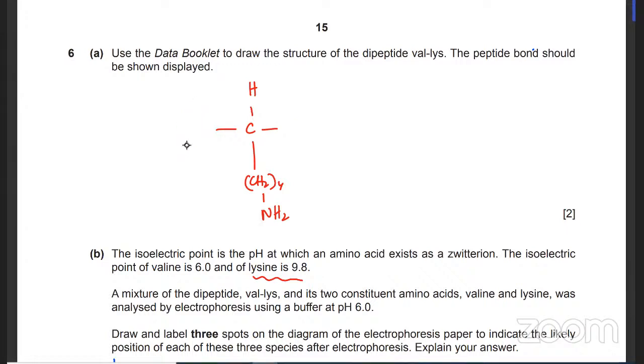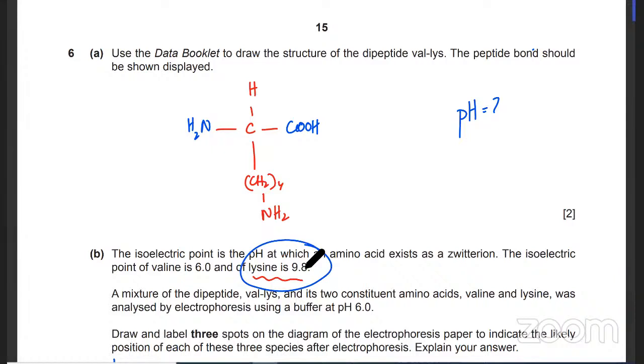Okay, second question. What would lysine look like at pH 7? On one side NH3 and on the other side COO negative. No, first tell me the isoelectric point.